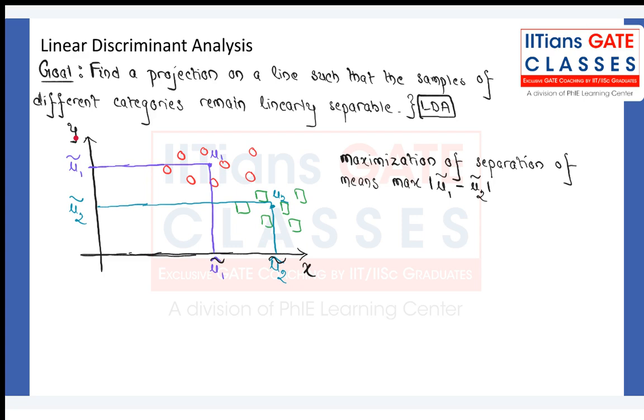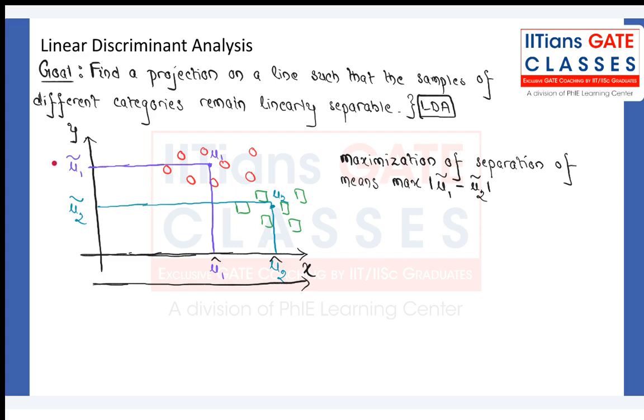Either I can project the points along the x-axis, in case mu1 cap minus mu2 cap is maximum, more than mu1 tilde minus mu2 tilde.